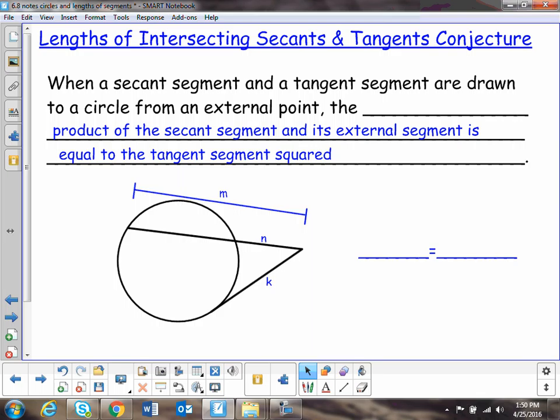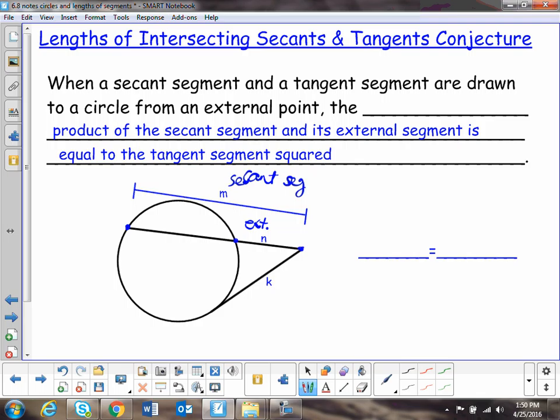Still dealing with that secant segment, so let's circle that. You're going to multiply that whole thing with the external one, just like the other properties. So from here to here, that whole thing multiplied by that external. And then it's going to equal, what does it say?